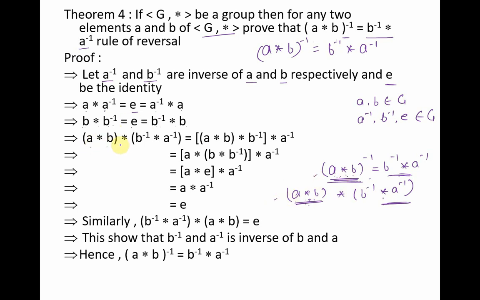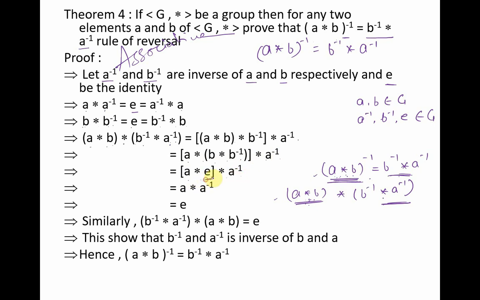So A star B star B inverse star A inverse is equal to, now what I'll do is, as this is a group, it is once again associative. So I can write it as A star (B star B inverse) star A inverse, which is A star E star A inverse.